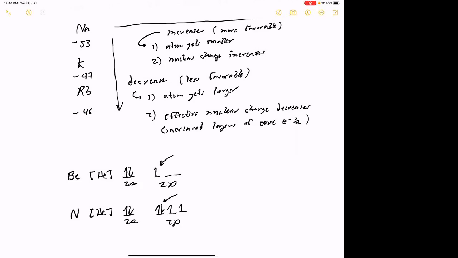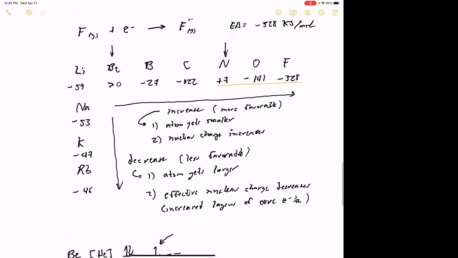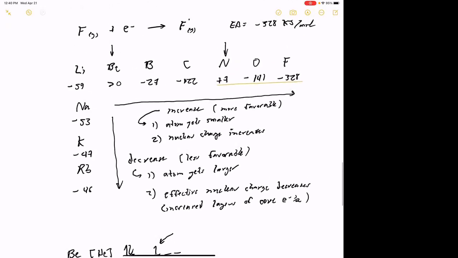Whenever I stick a new electron in for a given nuclear charge, it's going to cost me energy to put it into an orbital that already has an electron in it, because now I've got to overcome the repulsion between those two electrons. So that's why I see that spike with nitrogen going up to the endothermic value.